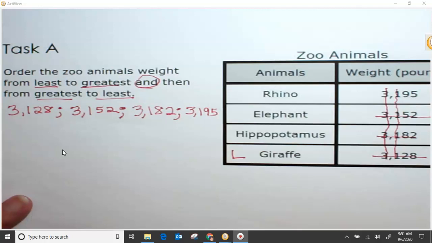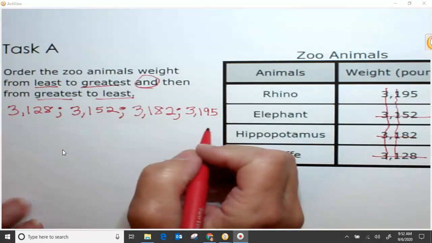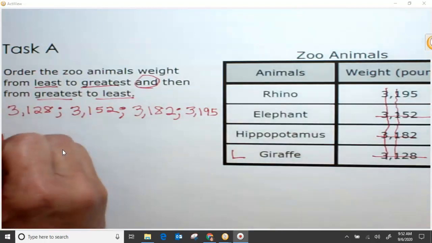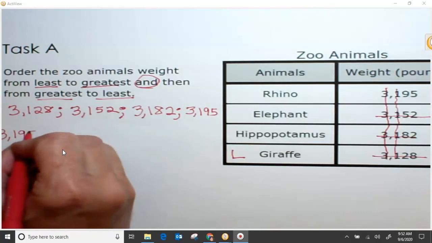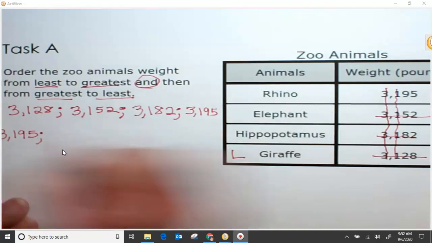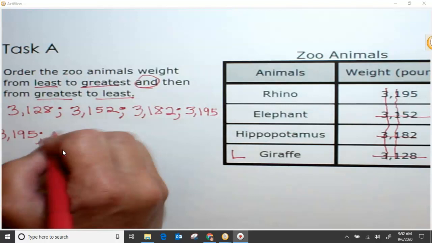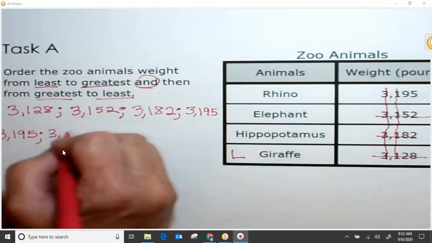Now from greatest to least, since I've already put these in order, what do I need to do? I can just do this. 3,195. That's the greatest one. 3,182.